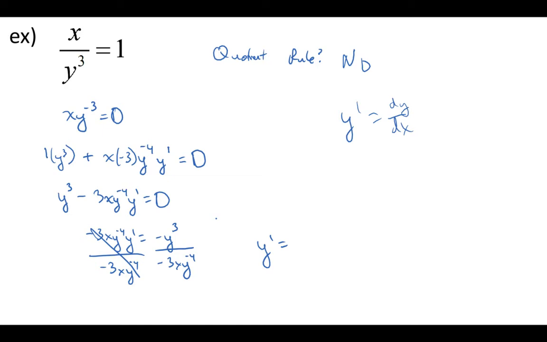So we'd add those 4 to the top, so it would become y to the 7th on the top. Because the negative always just tells you to move it to the other part of the fraction. So we actually get y to the 3rd, and y to the 4th is y to the 7th. Again, a negative and negative becomes positive, and then we just got the 3x left on the bottom. So that will be our answer.